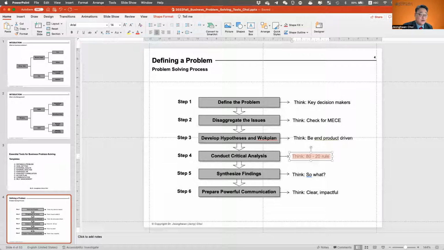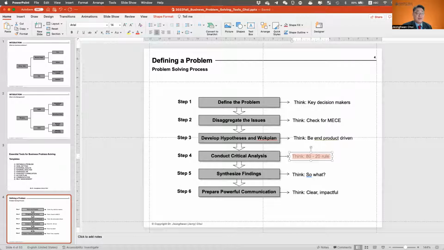Probably no. We don't have enough money, people, and time. If we had enough money, people, and time, we would conduct every single analysis to get the best result.